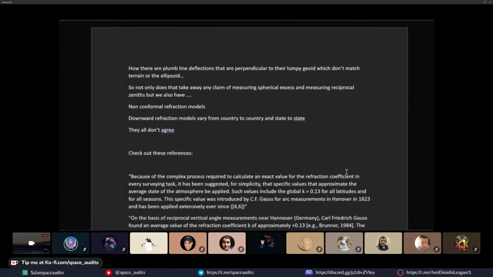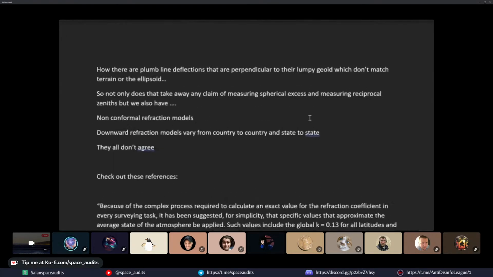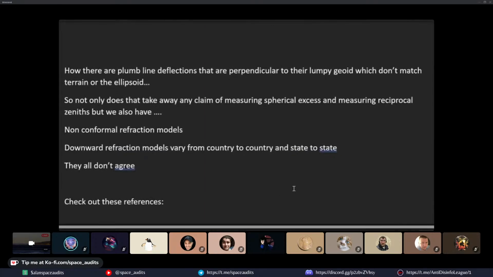So they make a negative correction one way, a positive correction the other way, and it's just something that they have to accommodate. But if we want to just take a general stance and poke at the problems that they're introducing by trying to take a method like this, we can take a look right here. So there's plumb line deflections that are perpendicular to the lumpy geoid terrain, which don't match the topography.